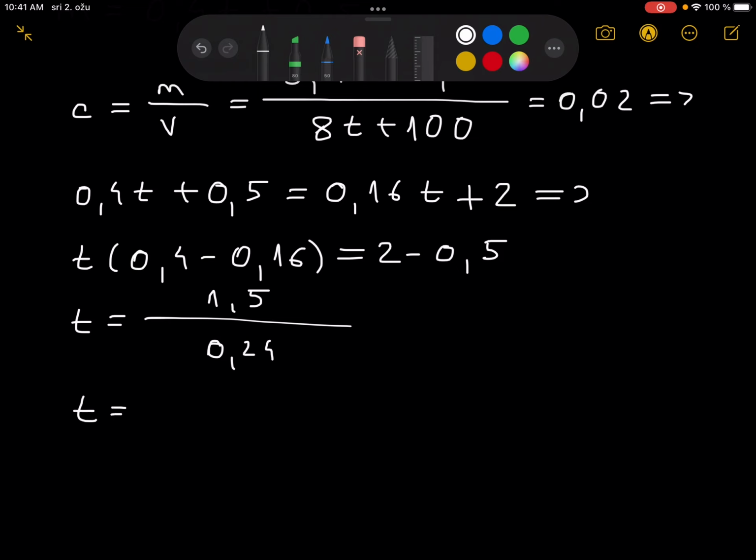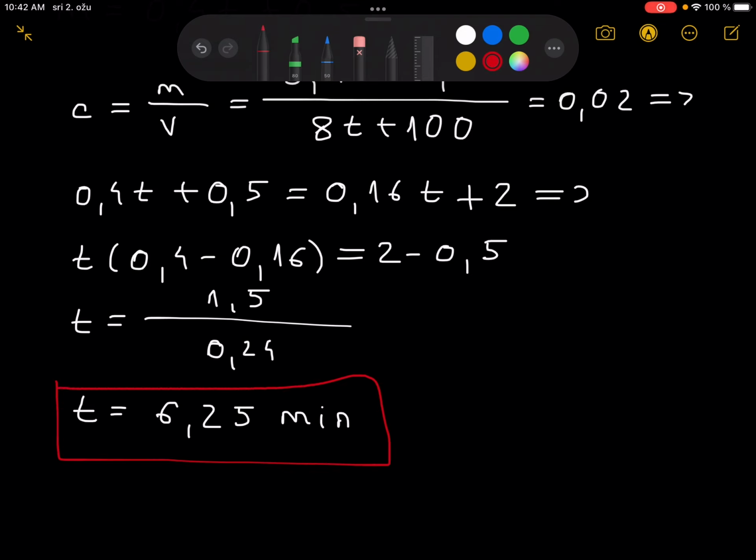So time, and remember the time is strictly in minutes here, must be equal to 6.25 minutes. So in 6.25 minutes, the solution will have a concentration of 0.02 kilograms per liter. Let's just go ahead and write the unit, minutes. So that's our final answer to this problem.